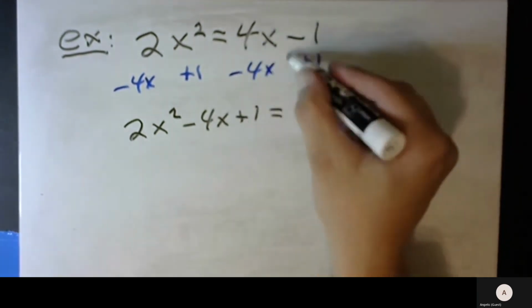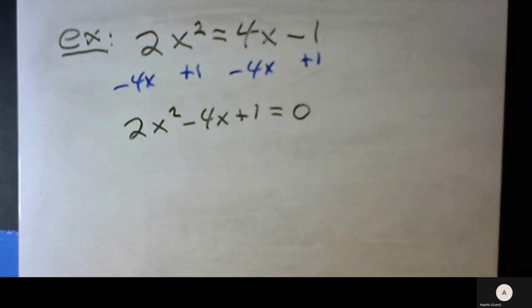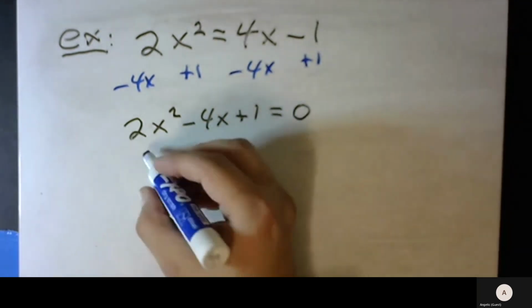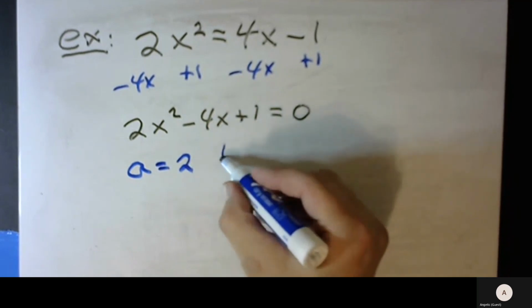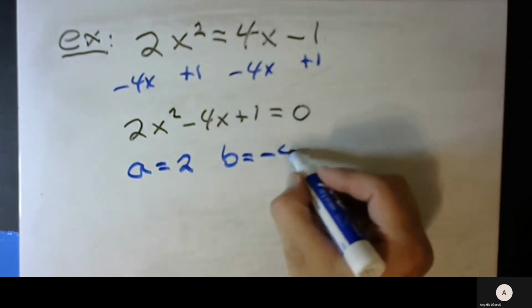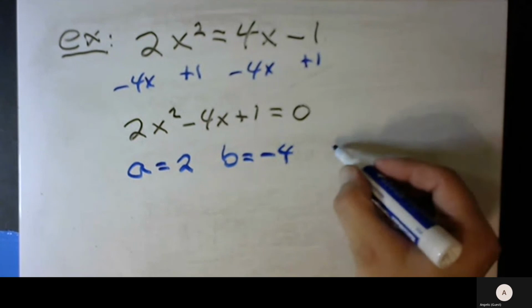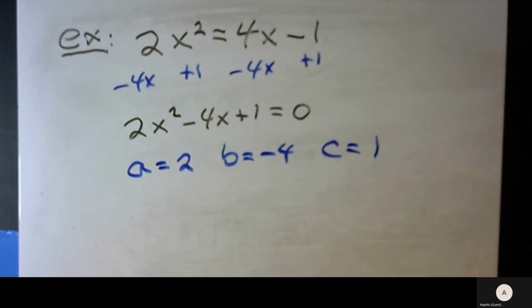Now this will cancel, this will cancel. We have 0. So now we look for A, B, and C. And again, the sign attaches to the number. We got +1.